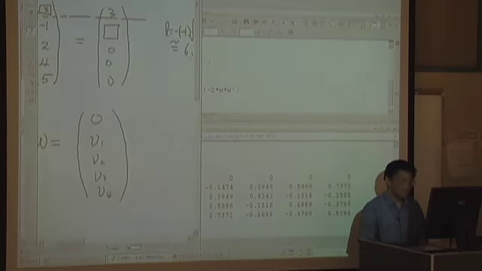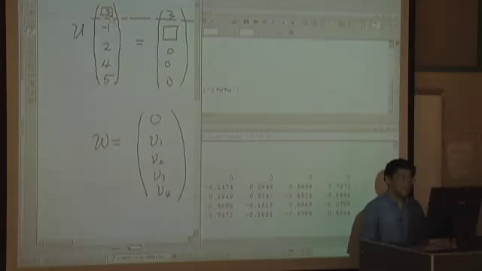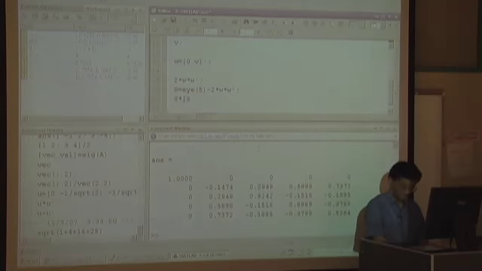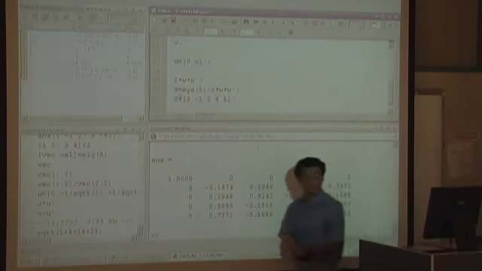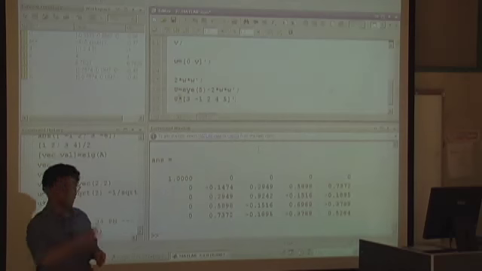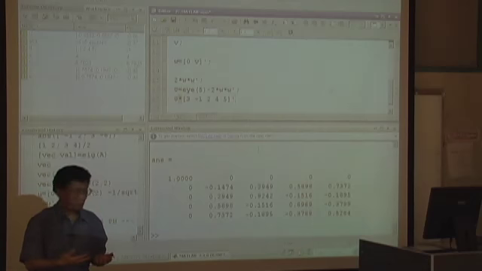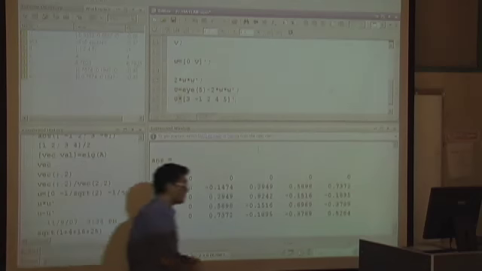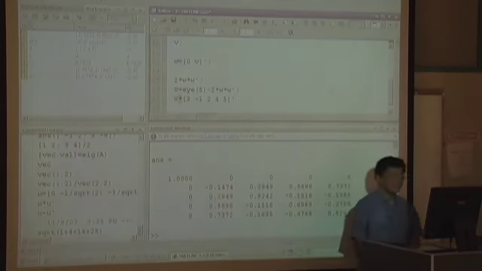I mean, this column vector was what? 3, -1, 2, 4, 5 transpose, right? This should be equal to what? 3 fixed, and then some number, and then 0, 0, 0. That was the goal. So let's check whether we really did it or not.